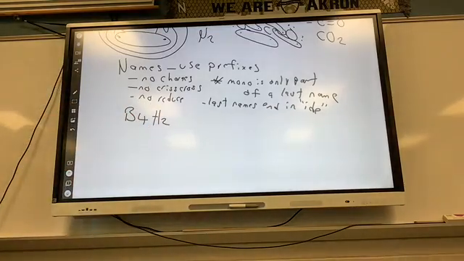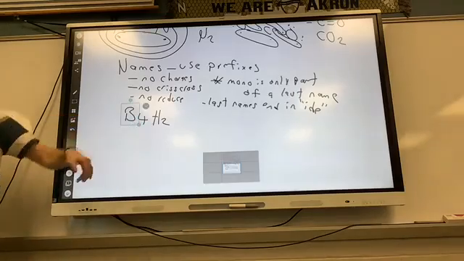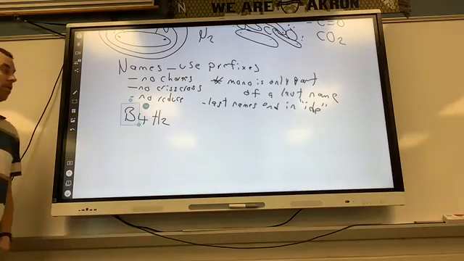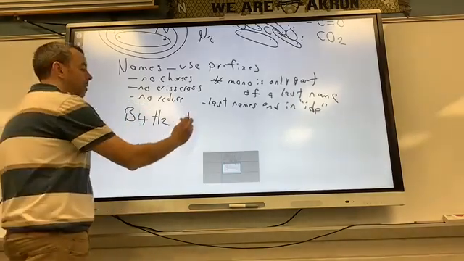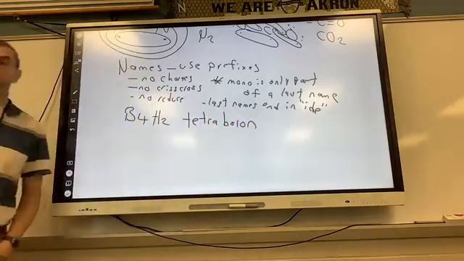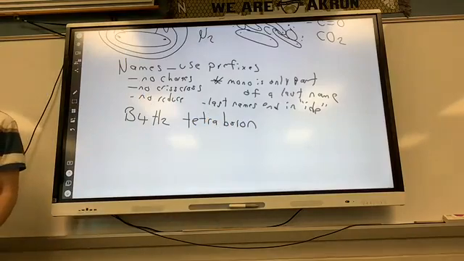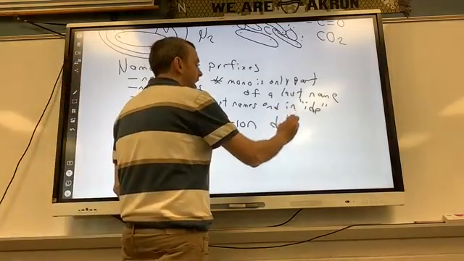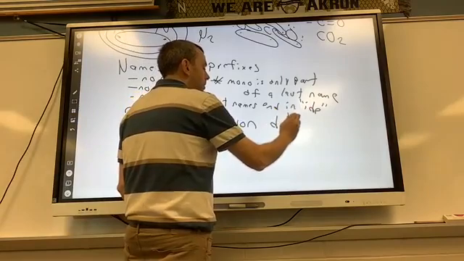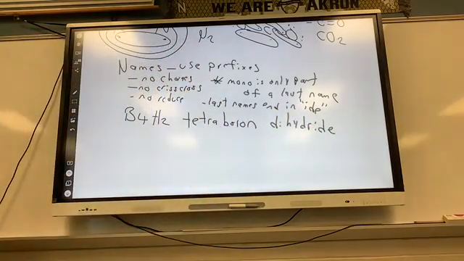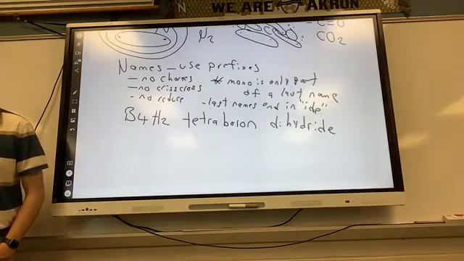So what is the prefix for the number 4 on the back of your periodic table? Tetra. So my first name is tetraboron. Prefix for 2 is what? Di. So what's my last name going to be? Dihydride. Tetraboron dihydride.